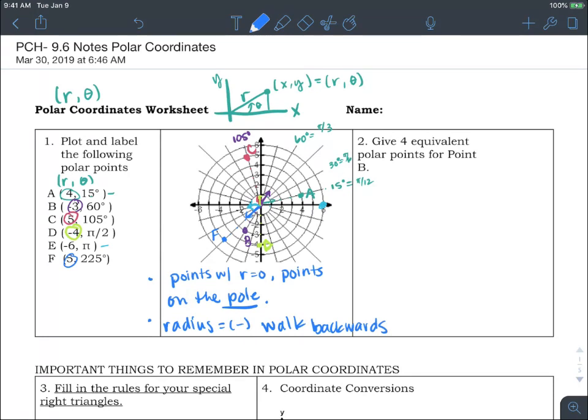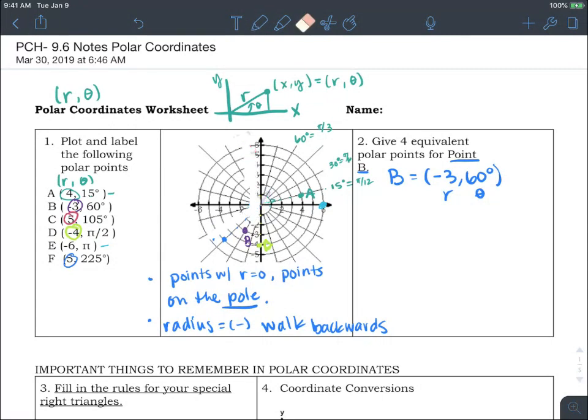All right. We're going to give 4 equivalent polar points for point B. B was equal to -3, 60 degrees. Remember, that's your r and your theta. With polars, you can describe a point in many different ways and actually be at the same point. I'm going to erase all of this stuff on the grid.